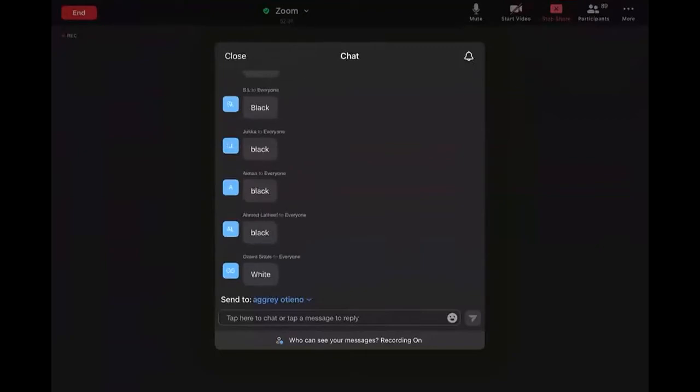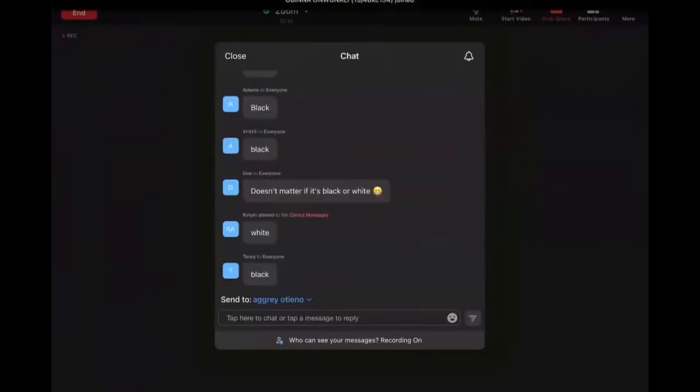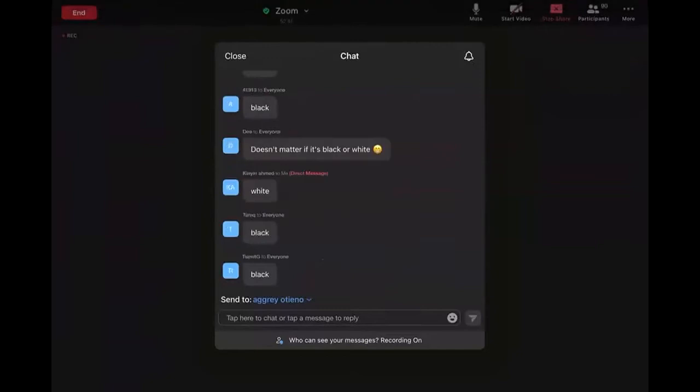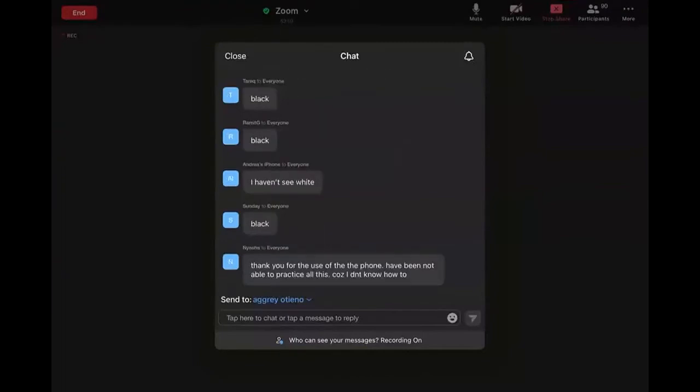I'm just waiting for people to say white because I want to know how many people want white. But mostly likes black. Doesn't hurt the eye. Because if white, I feel like it's too white.